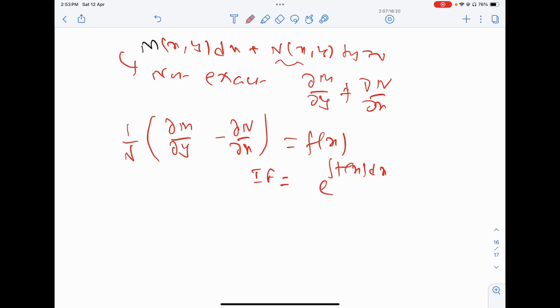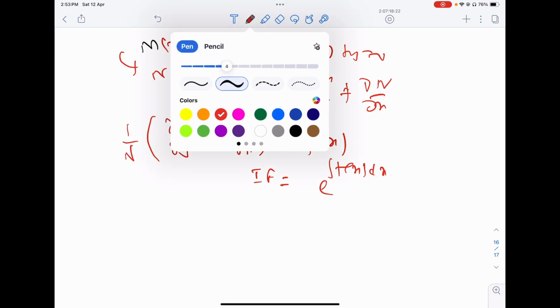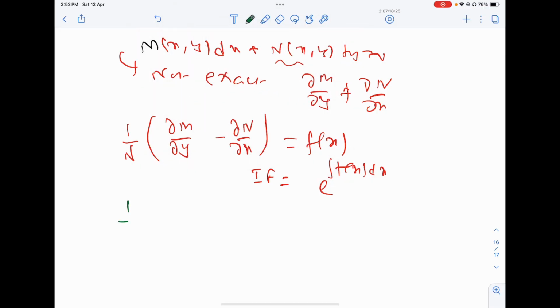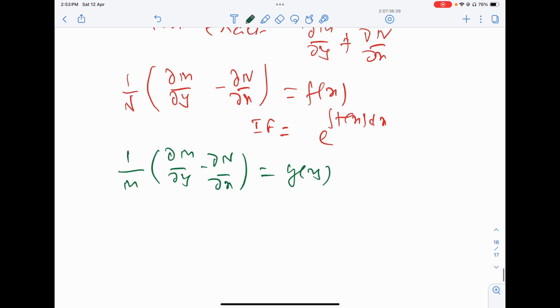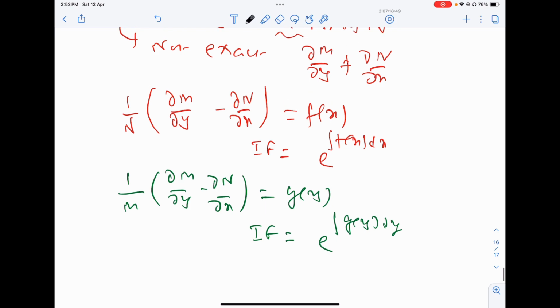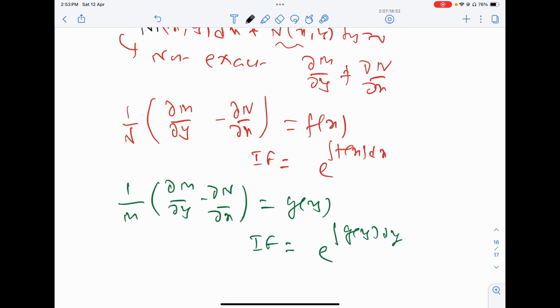And if we take 1 upon M into del M by del y minus del N by del x, and it is a function of y only, then the integrating factor is e to the power integration g(y) dy. So these are the two things, and we try some examples of this category.